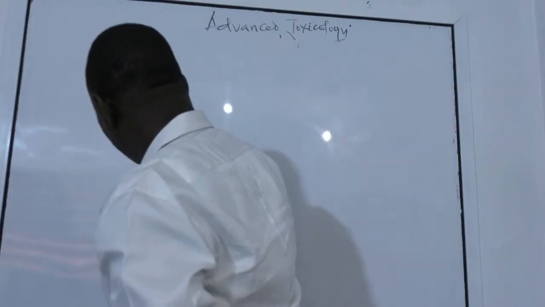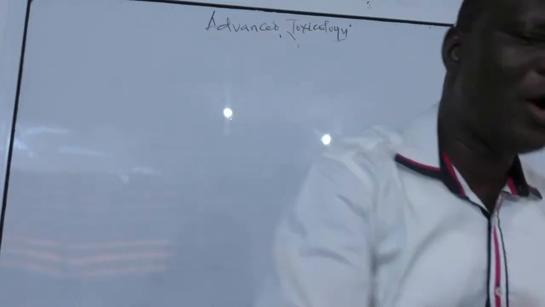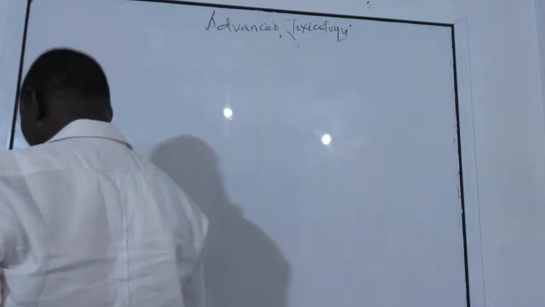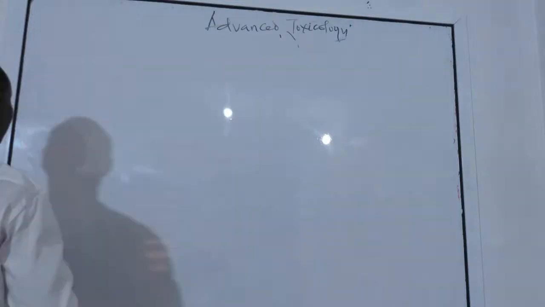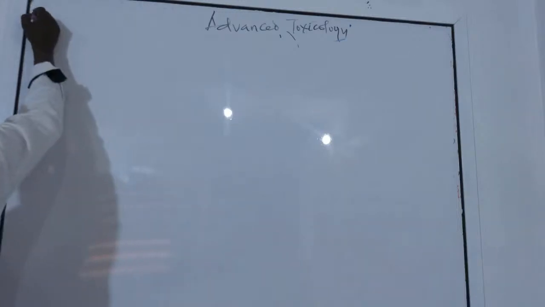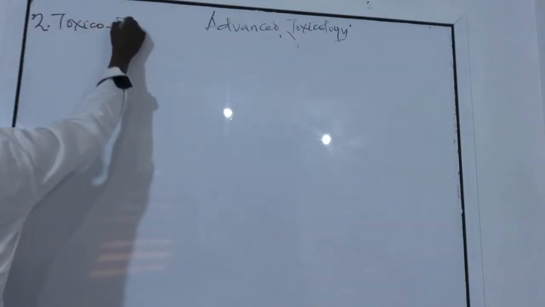And toxicodynamics is how effective, or measuring the rate of impact of a toxin in the body. How the body will react to it is what is called toxicodynamics.